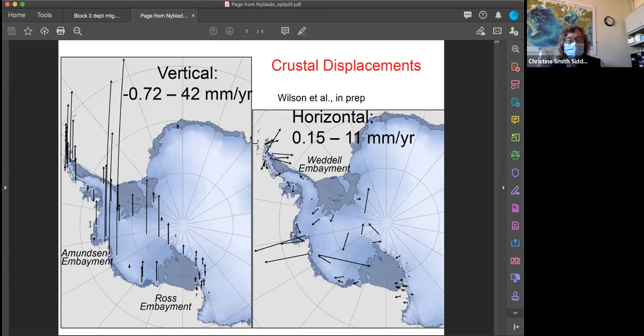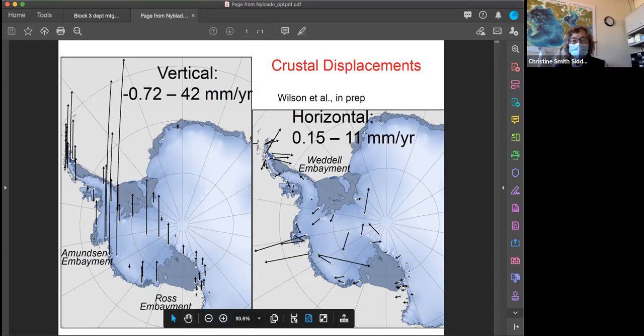So you see the region that we're talking about? These arrows are vertical vectors from geodetic stations on bedrock next to the place that's deglaciating rapidly. There's a lot of scatter in the horizontal, which we can put in another place.